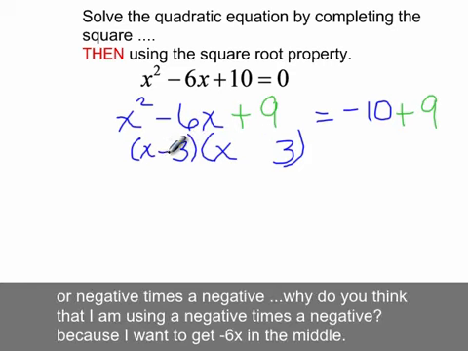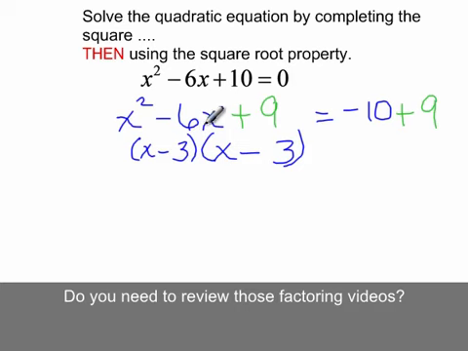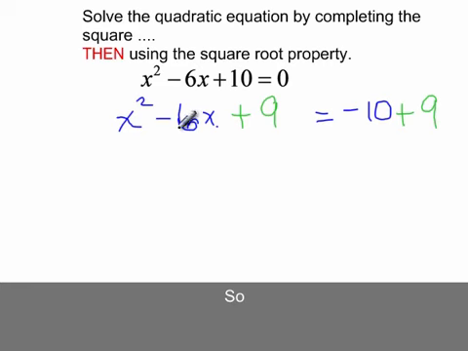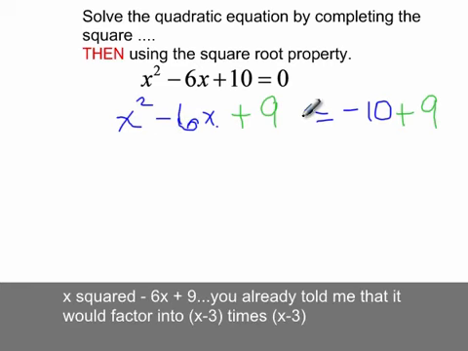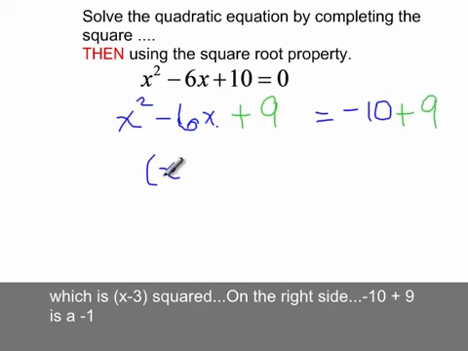Why do you think I'm using a negative times a negative? Because I want to get negative 6x in the middle. Do you need to review those factoring videos? So, x squared minus 6x plus 9 factors into x minus 3 times x minus 3, which is x minus 3 squared. On the right side, negative 10 plus 9 is a negative 1.